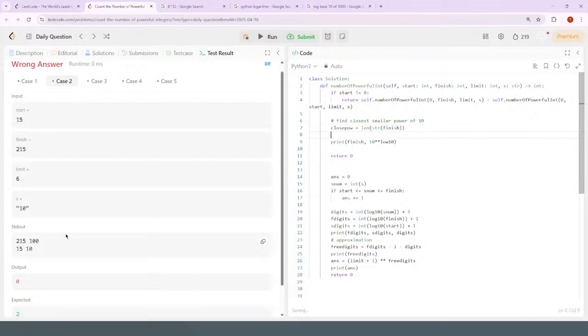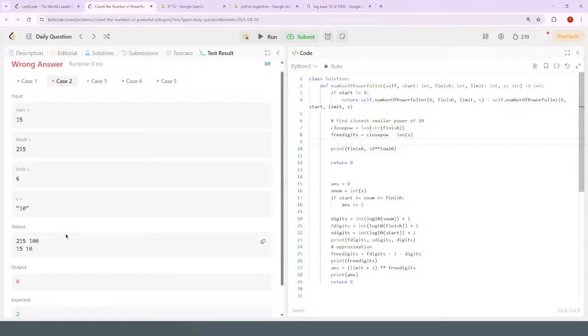And then the free digits is going to be equal to that close pow minus the length of the string s. That should give you your number of free digits.